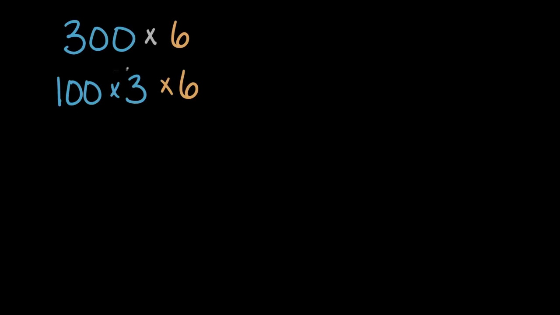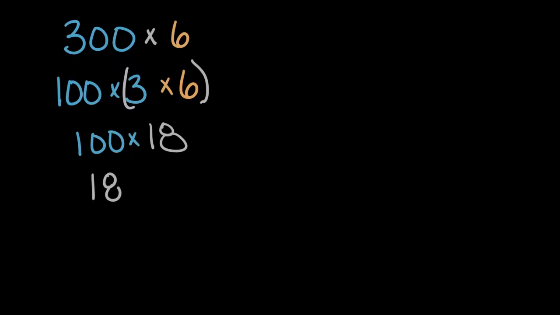And then from here, we can multiply. And let's start with our one-digit numbers. Let's multiply those first. 3 times 6 is 18. And then we still have 18 times 100, or 18 hundreds. So we can write that as 18. And then to show hundreds, we'll put 2 zeros on the end, or 1800.